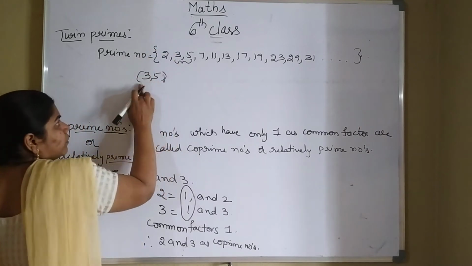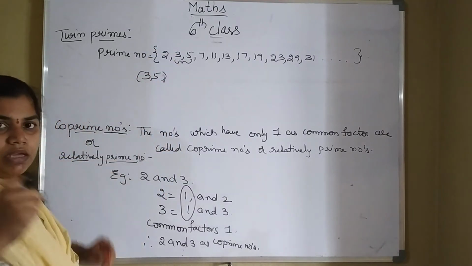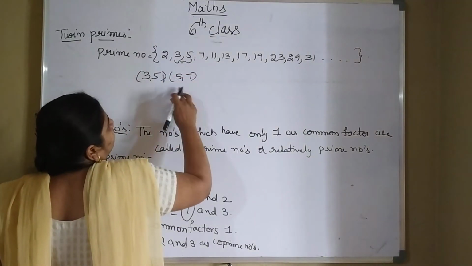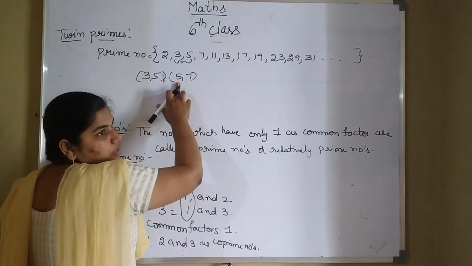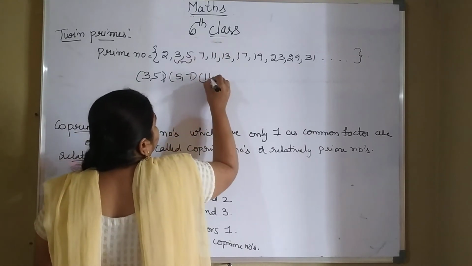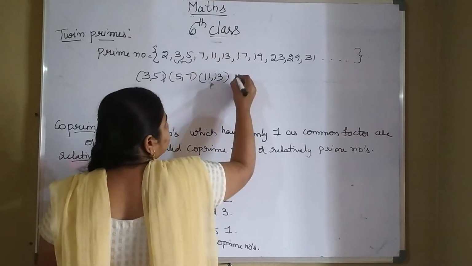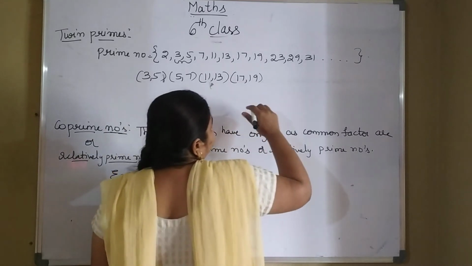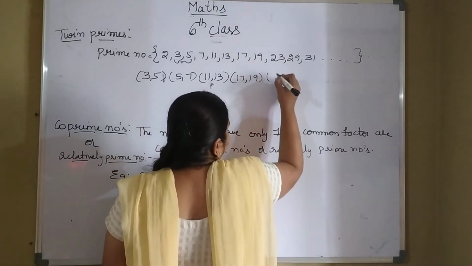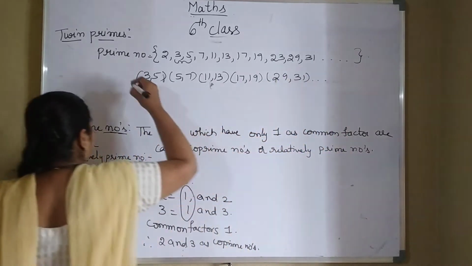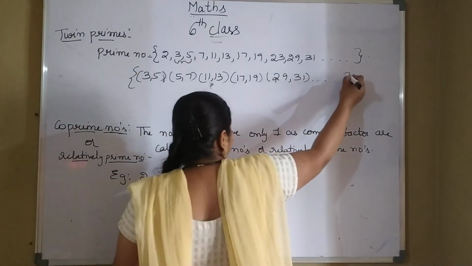If you take the difference of 5 and 3, the difference will be 2. In the same way, 5 and 7. 7 minus 5 is 2. Again they are twin primes. 11, 13. Twin primes. 17, 19. Twin primes. You can take 29, 31. Twin primes and so on.